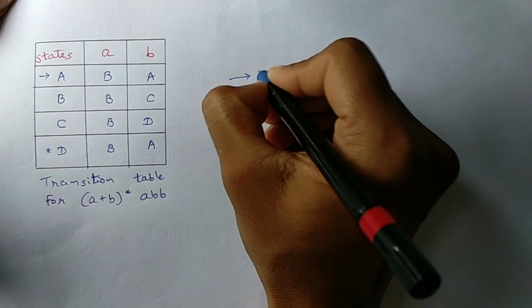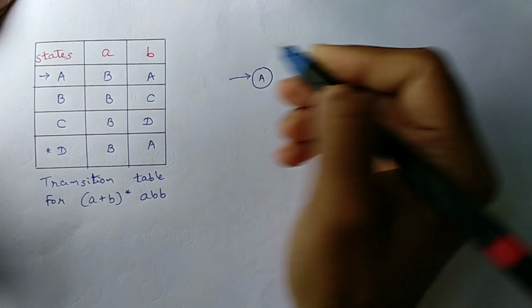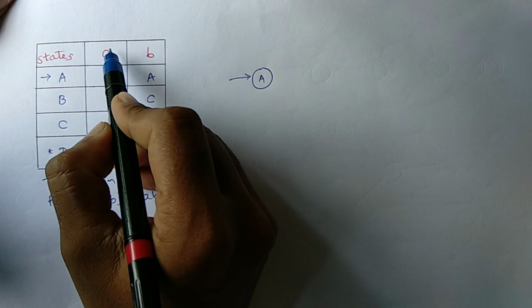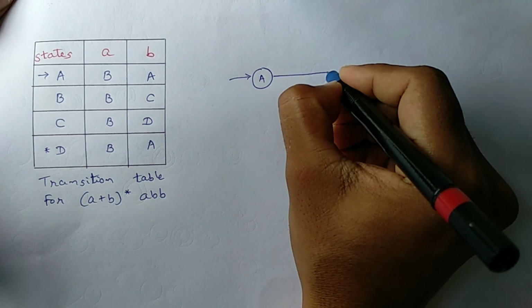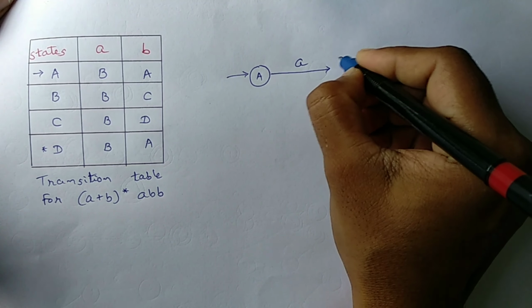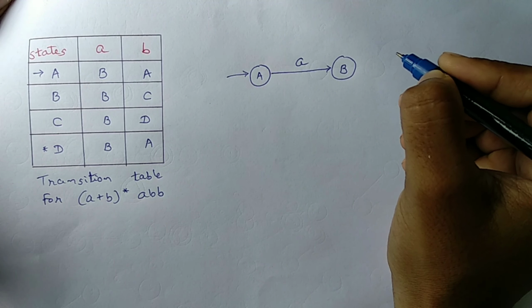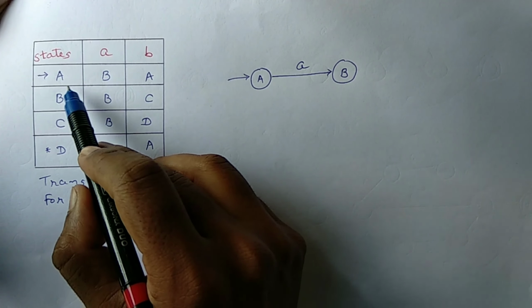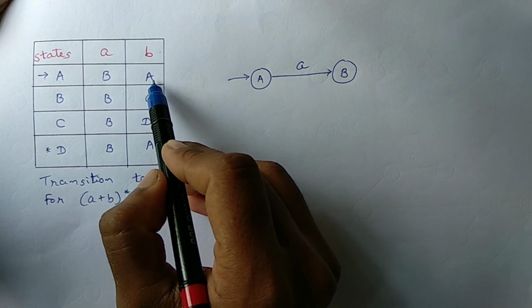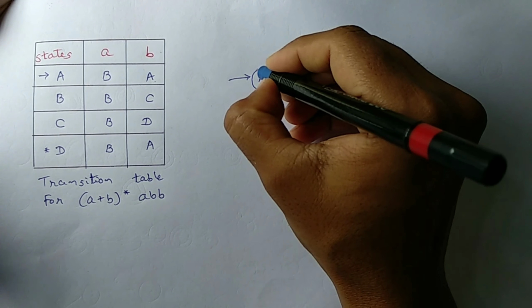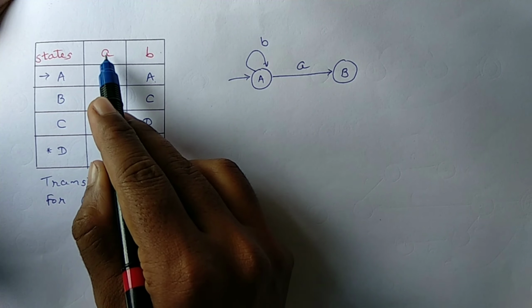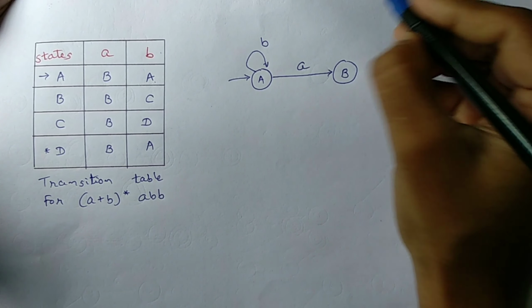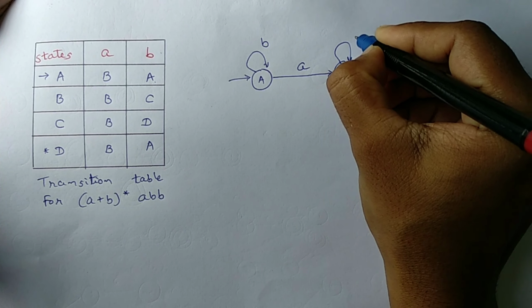Here A is your initial state. From A, on input A, you reach state B. On input B, A goes to state A, so it's a self loop. B to A reaches B, it's also a self loop.